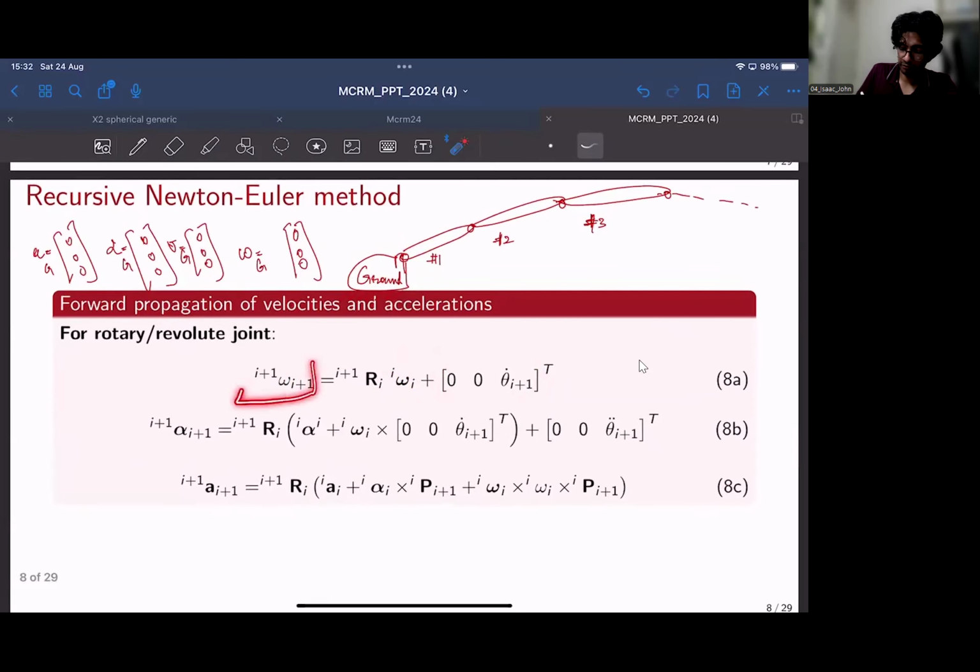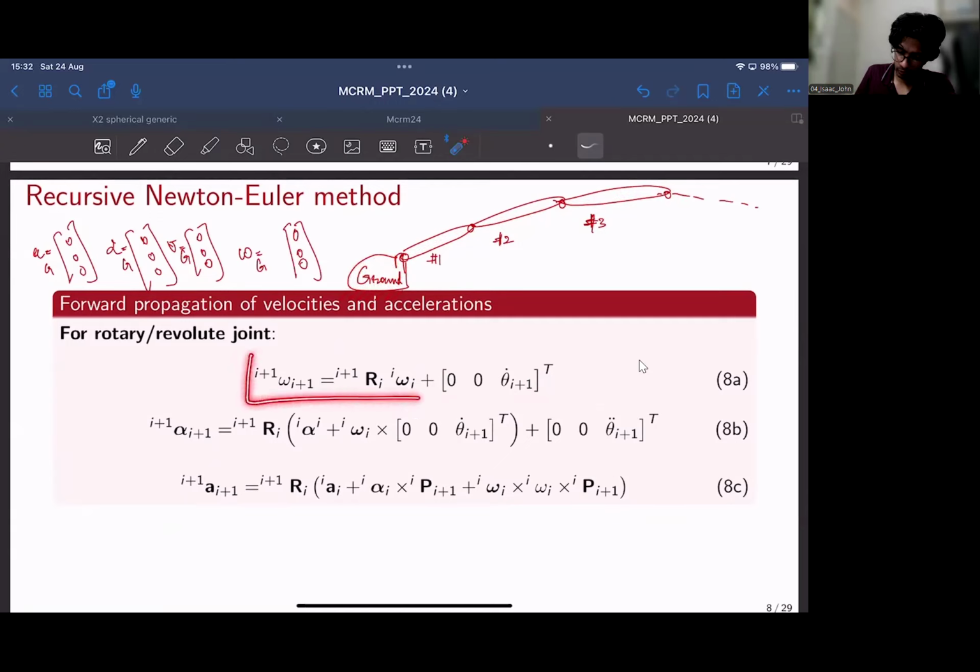So velocity of link 1 would be velocity of link 0, that is ground, plus the input velocity that you are giving onto this joint. So it keeps on accumulating as it goes from base all the way to this end effector. And the known initial condition is that the ground is fixed. It does not have any initial linear or angular velocities. Same goes for accelerations.